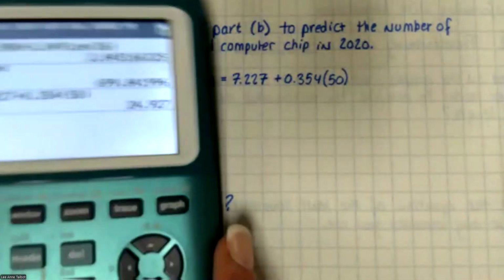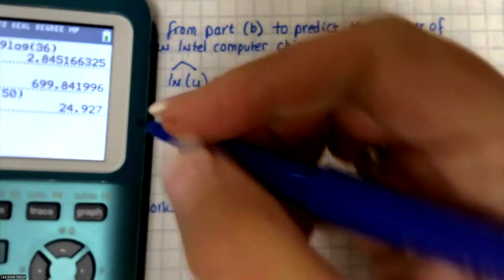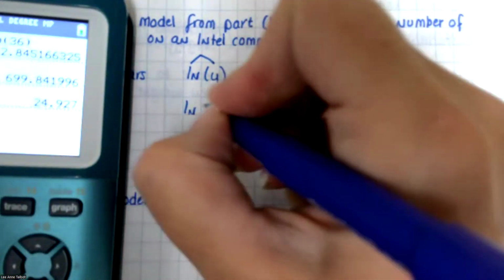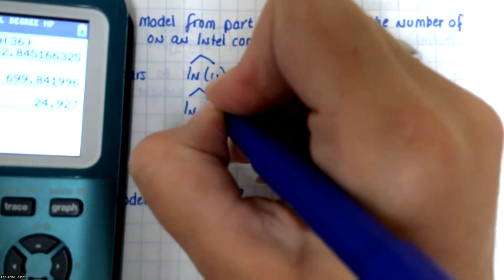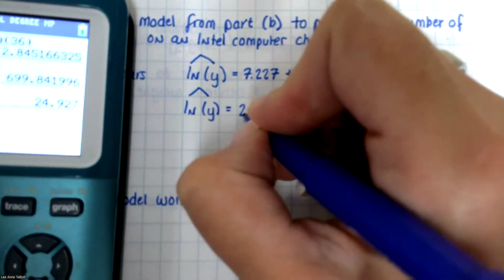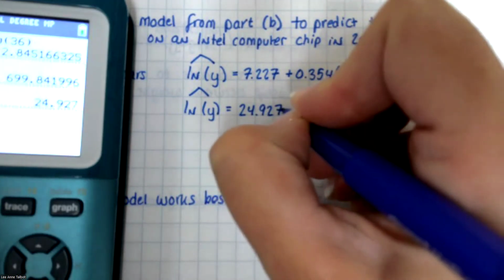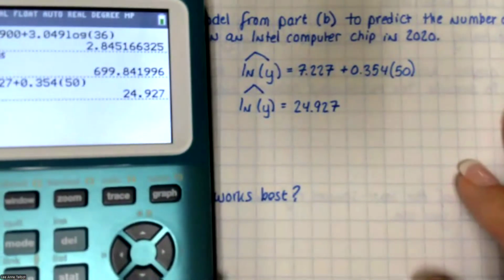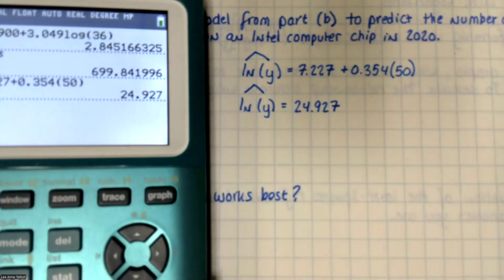Okay. Really close, guys. Let me finish. Okay, so we got 24.927. And what is the base of natural log?